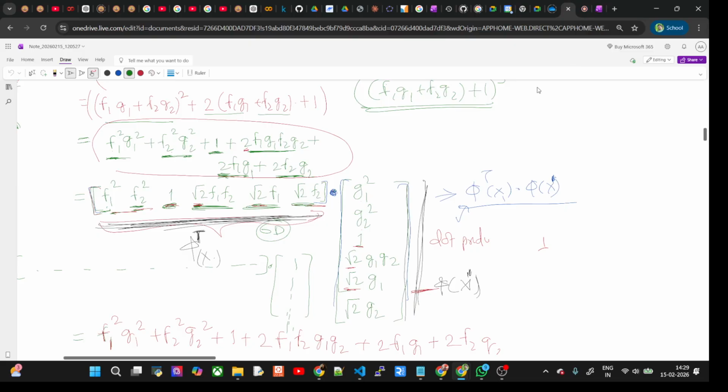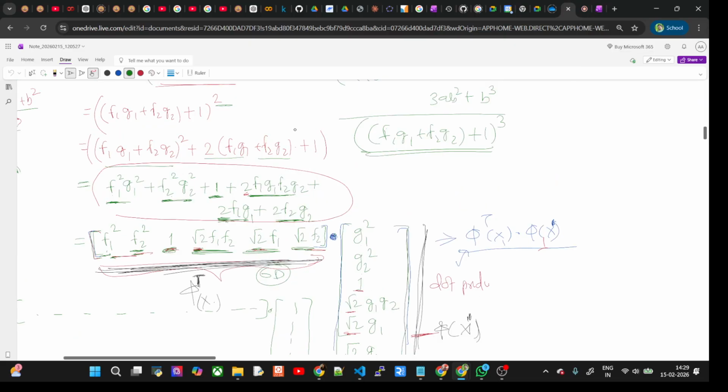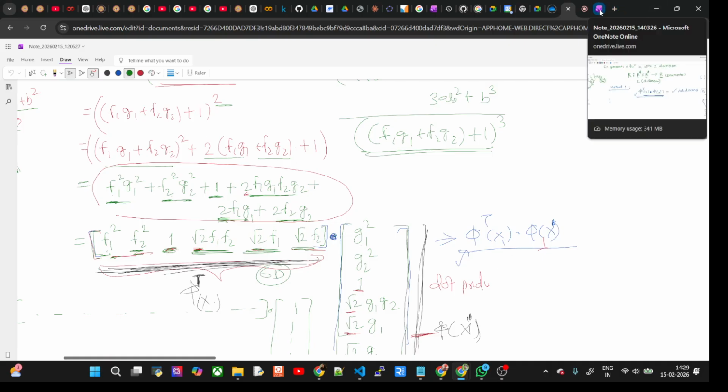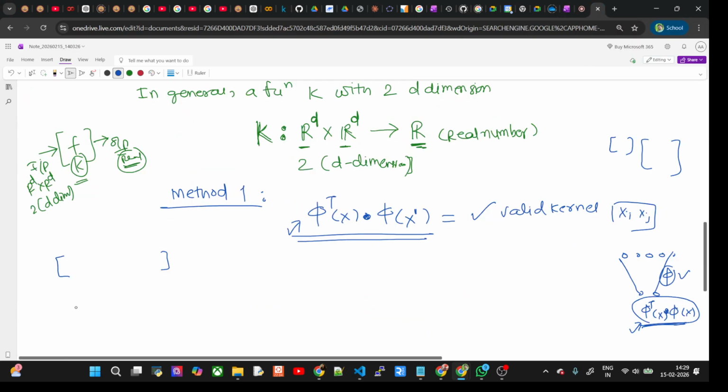But if there are some functions, for example a different non-linear equation having polynomials of degree 3, 4, 5, 6, 7, which is not like xi transpose x plus 1, maybe something like x plus 2x square plus 3x cube plus 4x minus 1 whole square raised to 4.